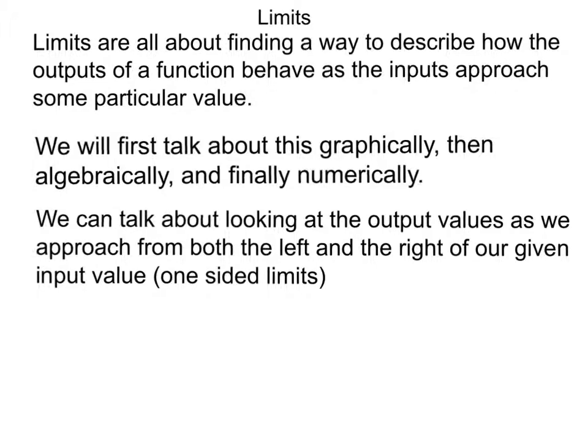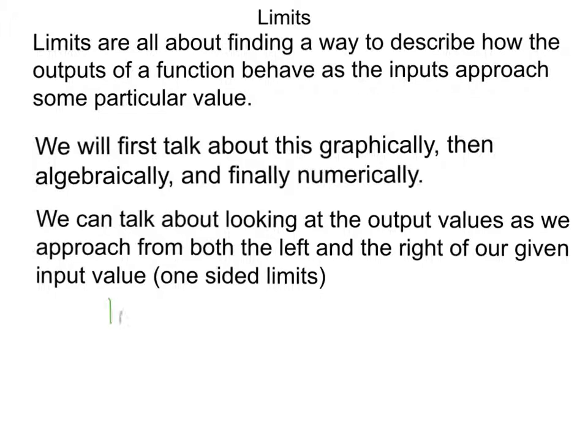We can talk about looking at the output values as we approach from both the left and the right of our given input values. We call those one-sided limits. A limit from the left will usually have a little negative sign up by wherever we're approaching, and a limit from the right will usually have a little positive. So the words themselves are going to look something like this.